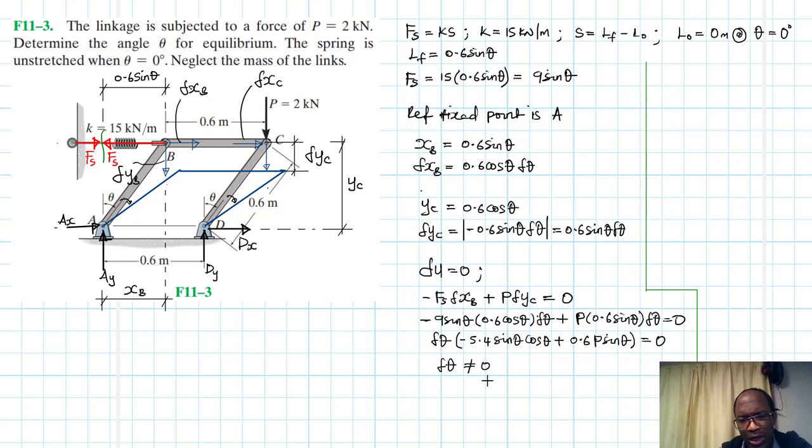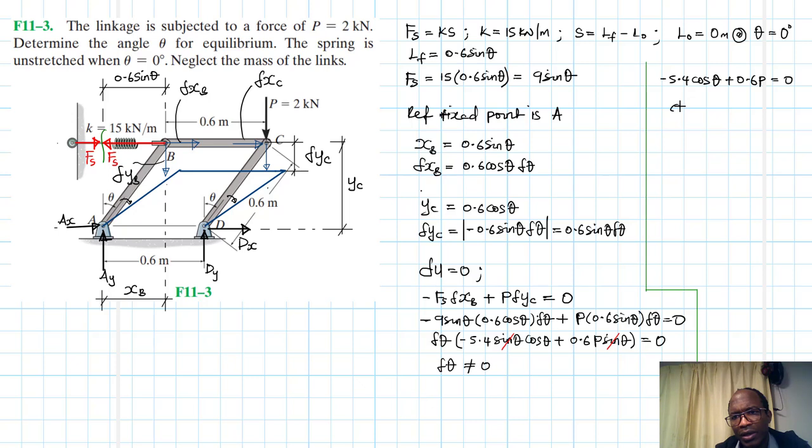So what we need to do now is to solve this particular equation. Like we said, the only part that is going to be equal to 0 is just this part alone. So we can divide through by sine theta, we can get rid of it, right? And then what we remain with there is just a minus 5.4 cos theta plus 0.6P equal to 0, right?